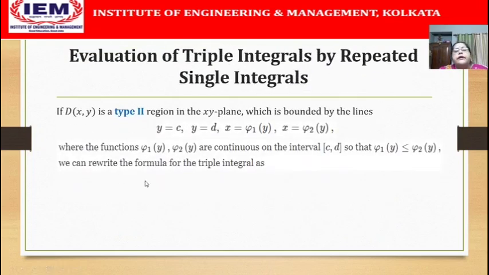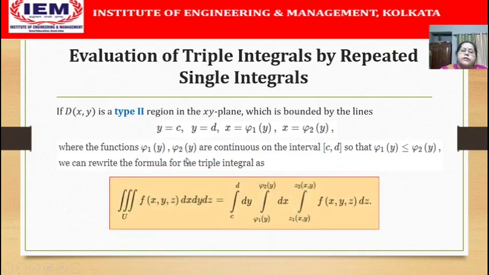So, if it is bounded now by the lines y equal to c, y equal to d, and x equal to phi1(y) and x equal to phi2(y), where phi1(y) and phi2(y) are again continuous functions on the interval [c,d], such that phi1(y) is less than or equal to phi2(y), then the formula for the triple integral may be written now like this: once again first we integrate with respect to z from z1(x,y) to z2(x,y), and next with respect to x from the left curve phi1(y) to the right curve phi2(y), and finally with respect to y from c to d.